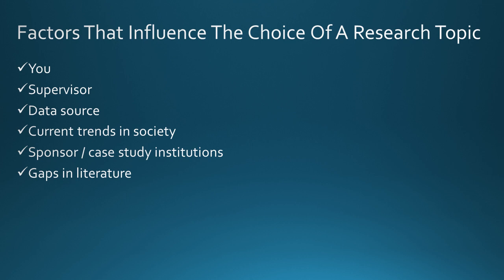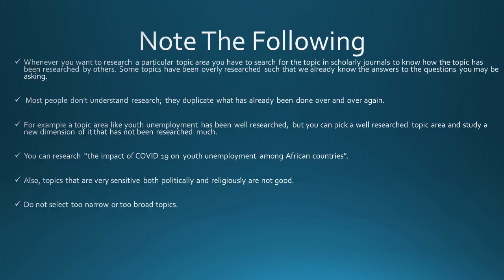Data source. Researchers are also restricted to a particular topic due to the access or lack of access to data in specific fields of study or time availability. Factors that can influence the data source is the maturity of the topic, the literature review, and then the measurement issues.